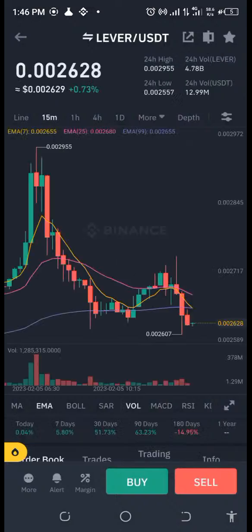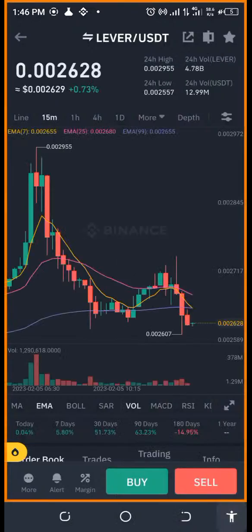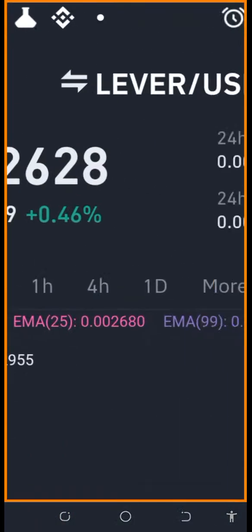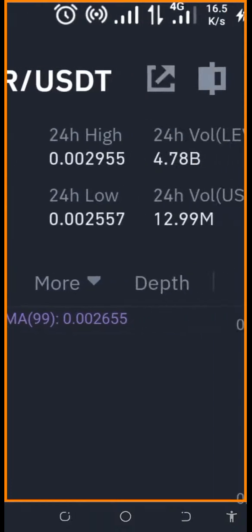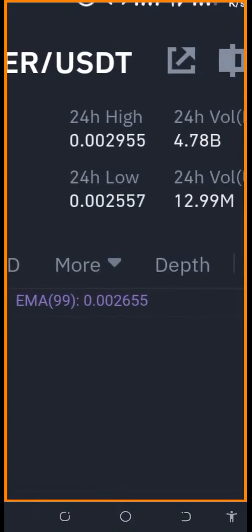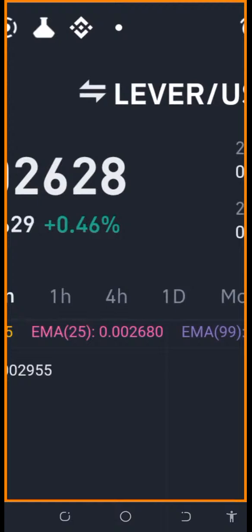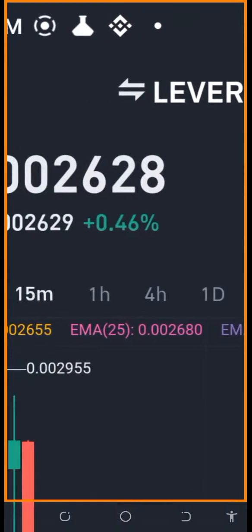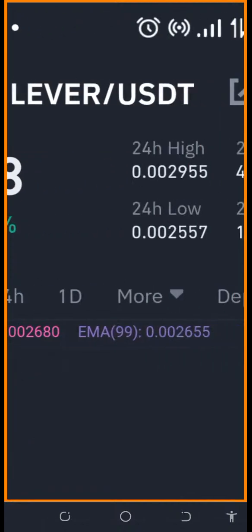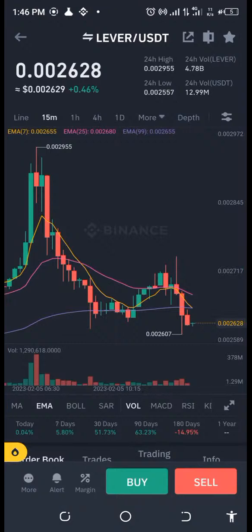What we have here is 2628, but we're not going to buy at that price. We're going to buy at a lower price because the low is 2557. We're not going to go as low as 2557. We'll just go like 2600, maybe 2600 or 2590, something that way. Let's go and choose 2590.